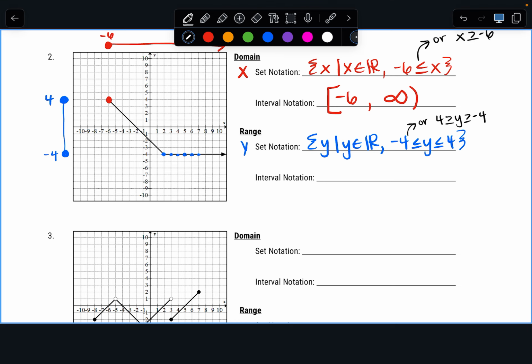And is -4 in a bracket or parentheses? Is it a filled in circle at -4? If there's a line there, it's equal to a filled in circle being there. So when I write my interval notation, it's going from -4 to +4, and we're both going to have brackets.